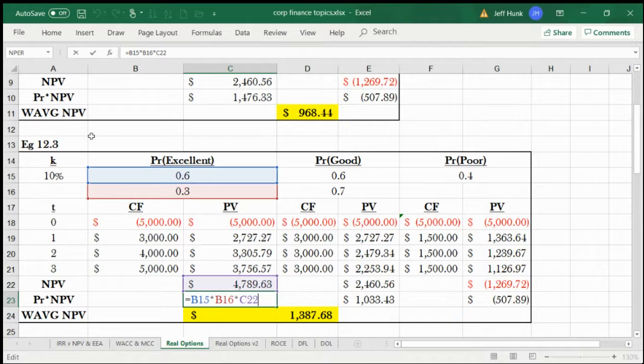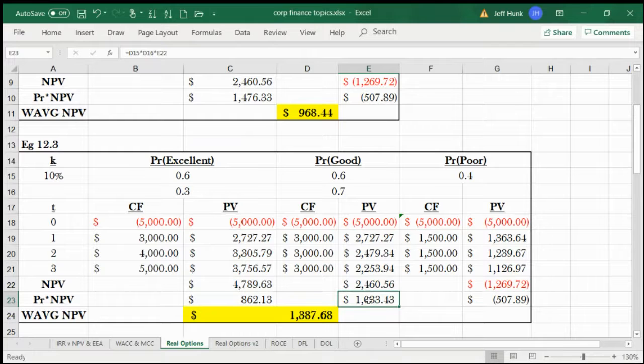And if it is good, we come to this, and if it is poor, we come to this.